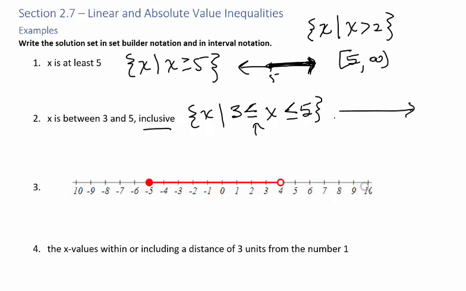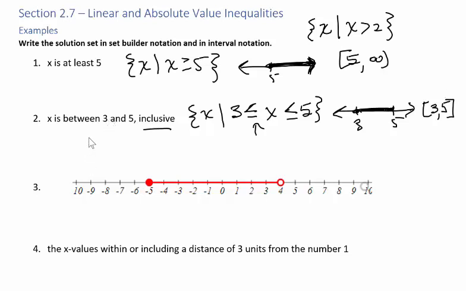Okay, on our number line, we would shade between 3 and 5 and include them. And then lastly, our interval notation would be bracket 3, comma 5, and then closing bracket.